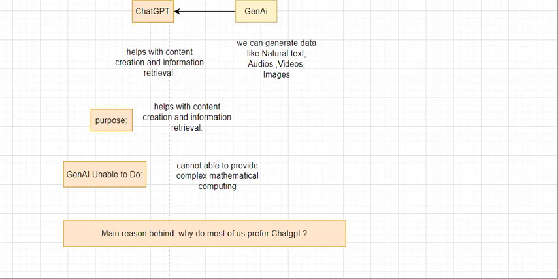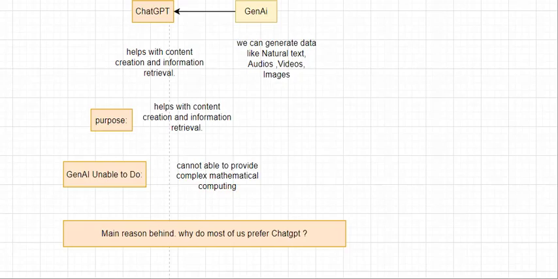Then it will provide you an answer based on the previous response. So in Delhi, what are the highly visited locations, or what are the tourist spots present in Delhi? Those results you will get.